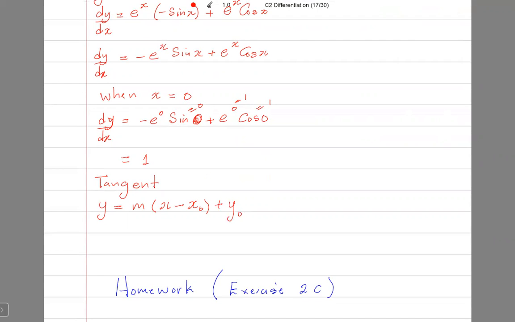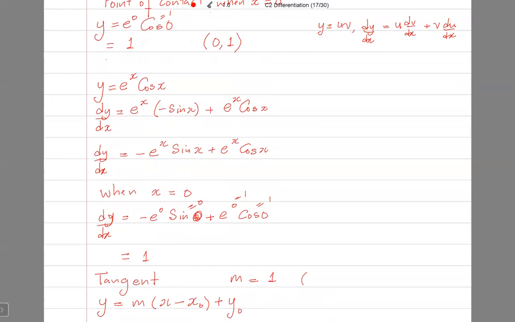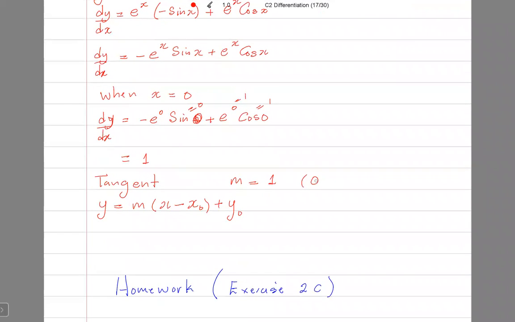The input for this formula is m, the gradient, which we just found out to be 1, and the point of contact, which is 0, 1. So let's put in our values. y is equal to m, which is 1, into x minus x naught, which is 0, plus y naught, which is 1.